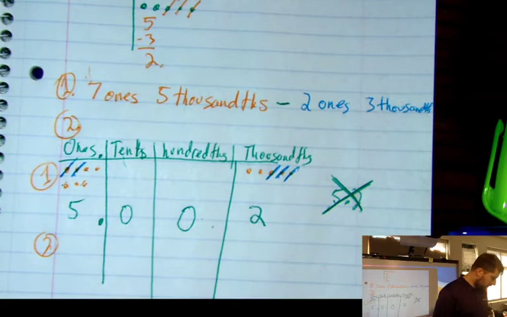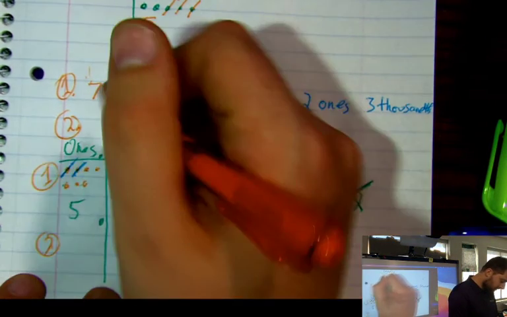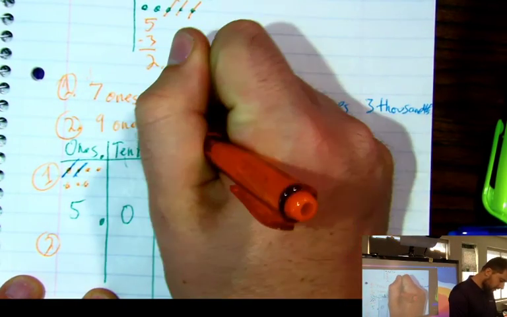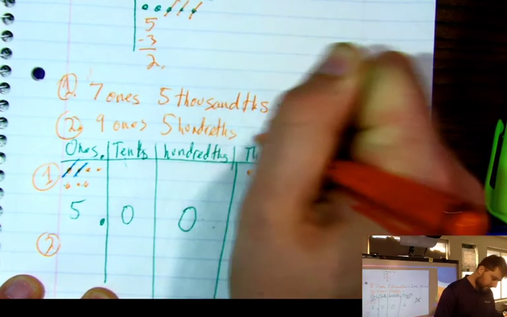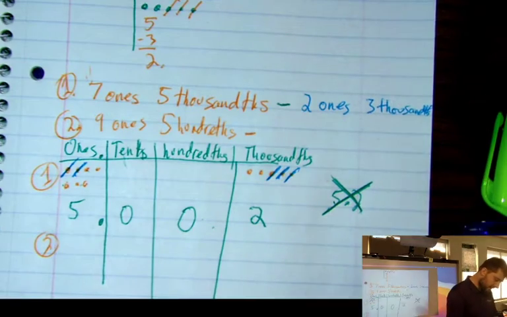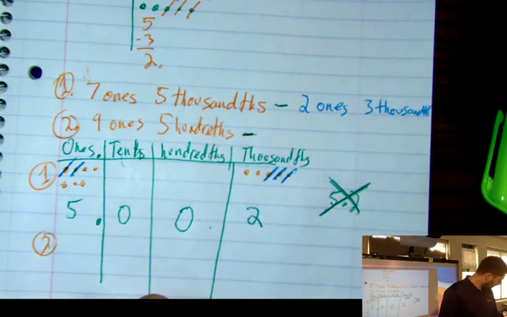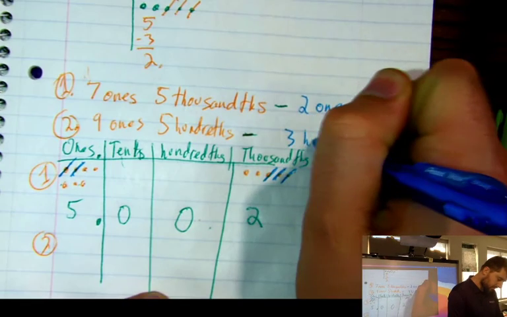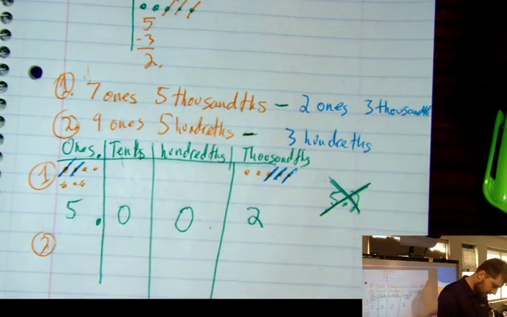And we are going to do 9 ones, 5 hundredths, minus, sorry, my minus sign should be green there, minus 3 hundredths.